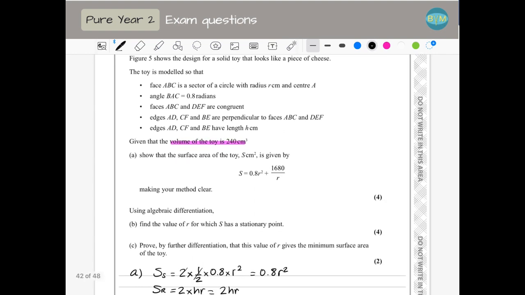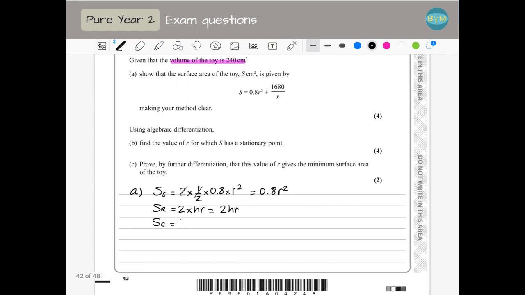And I have only one of those, so I have 0.8 hr. So my total surface area is going to be 0.8 r squared, I'm just adding these three together, and then 2hr plus 0.8hr is 2.8 hr.